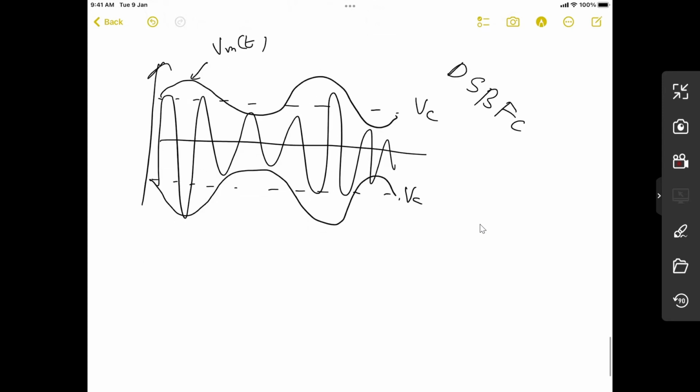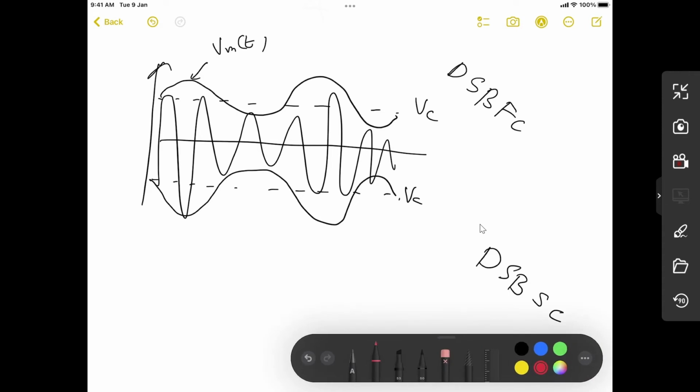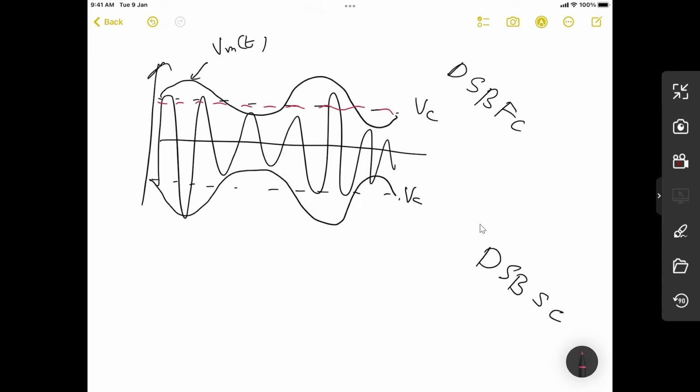What happens if you suppress the carrier? You still have the double sideband, but you suppress the carrier. So meaning that you are actually eliminating this, the carrier now.